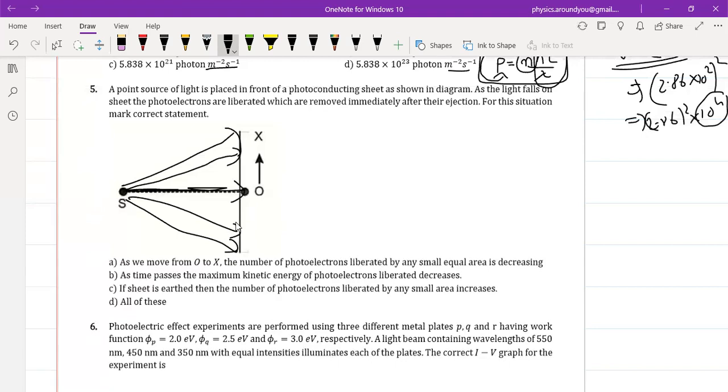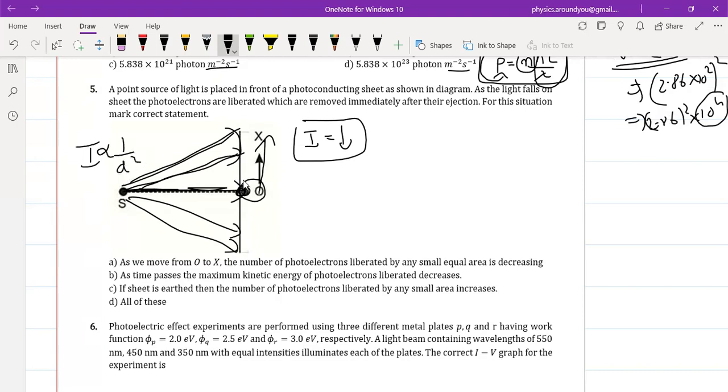So as I move from this position to this position, the intensity of the light goes on decreasing. This is the brightest spot. As I move up or down, intensity keeps decreasing because the distance from the source is increasing. Intensity is always proportional to 1 by d square. So as I move up, the distance from the source is increasing, so intensity is reducing.